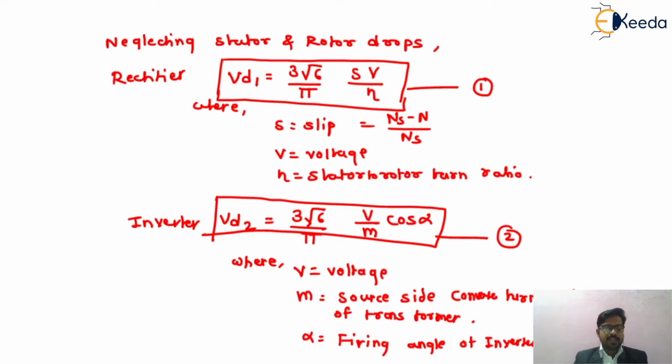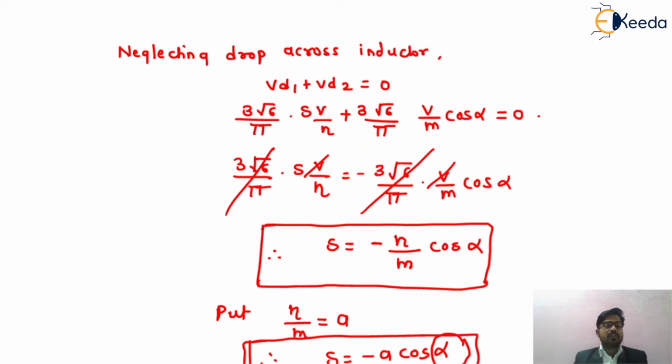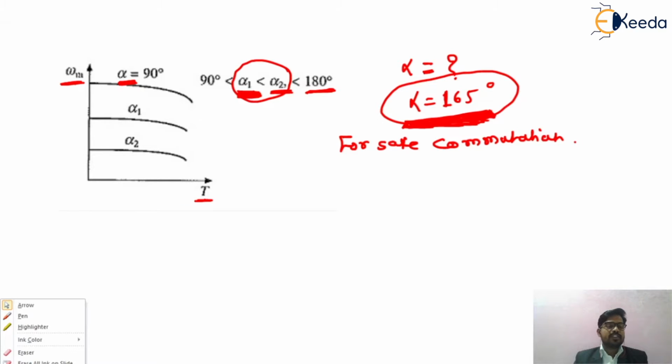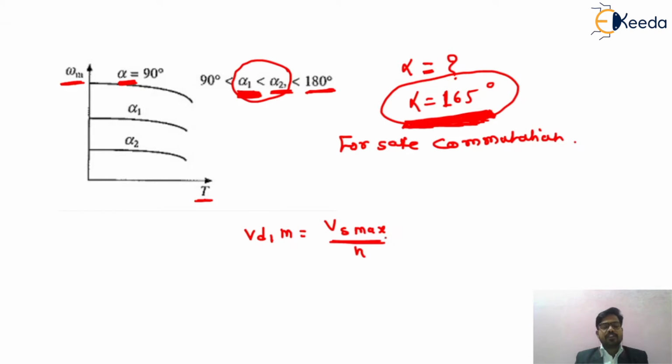So friends, now we can understand what should be the relationship of that particular transformer's turns ratio. For the sake of understanding, we know the basic transformer equation. We have the value of VD1, which we call VD1M. So this is Vs max, so Vs max divided by N. Why are we writing this equation? Because at the lowest speed required from the drive, VD1 will have the maximum value.